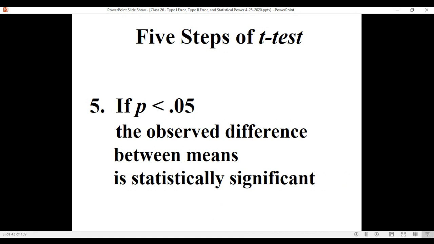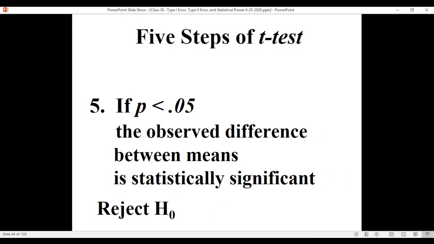Now, on the other hand, if p is less than 0.05, we conclude that the observed difference between the means is statistically significant, and we reject the null hypothesis. That is, we reject the idea that the population means are the same. This means that the observed difference between the sample means is very large and very unlikely to be due to sampling error.